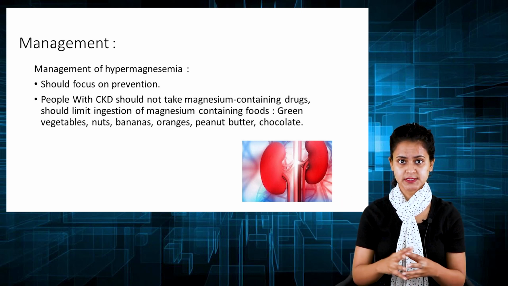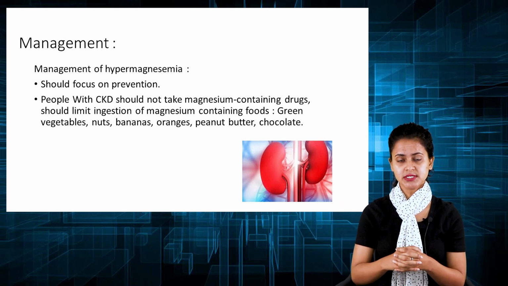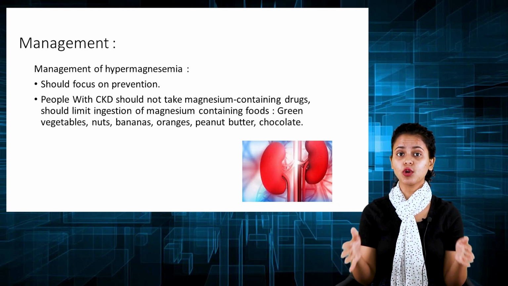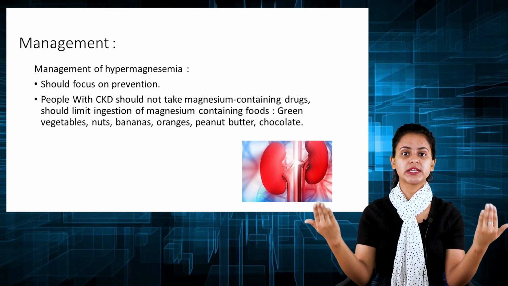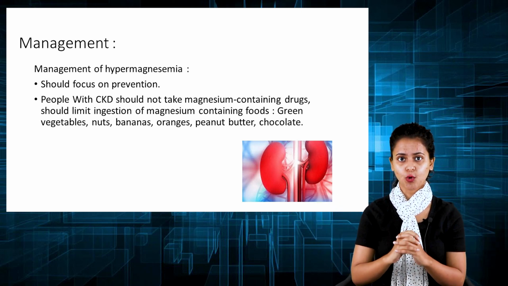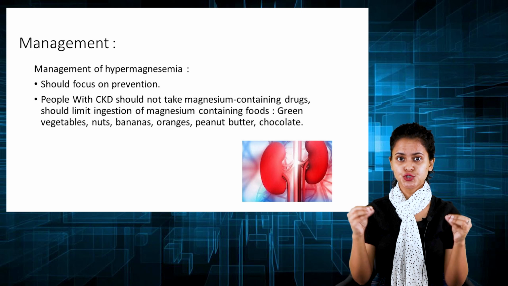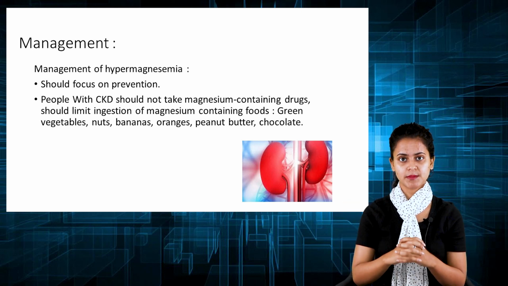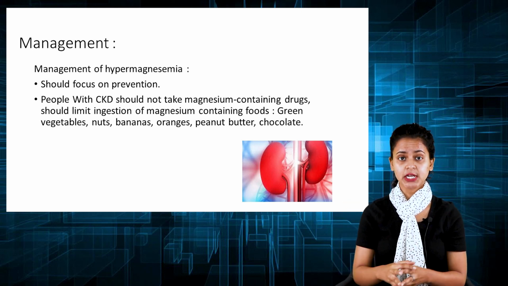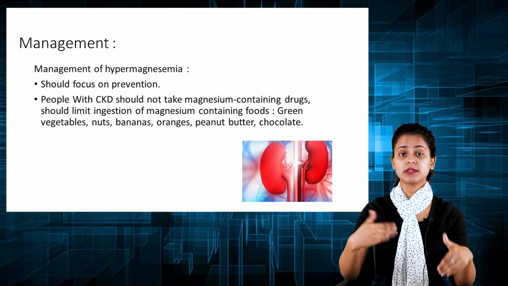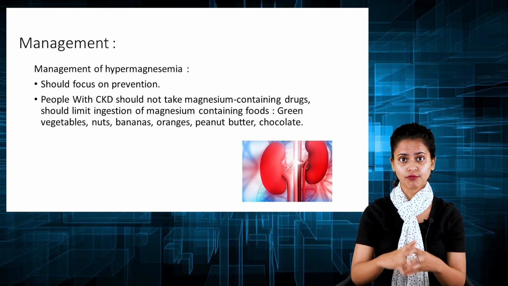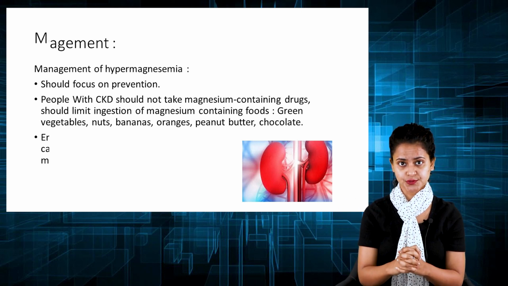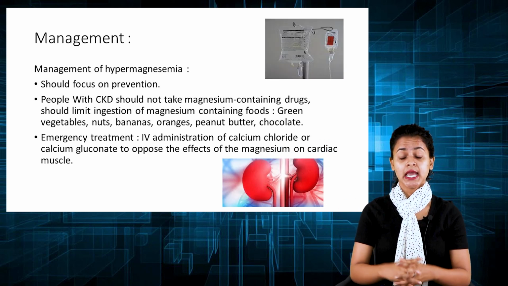As medical professionals, it is very important for us to identify the high-risk population in a clinical or community setup to prevent the development of hypermagnesemia. Hypermagnesemia will also be treated if acute clinical manifestations develop.